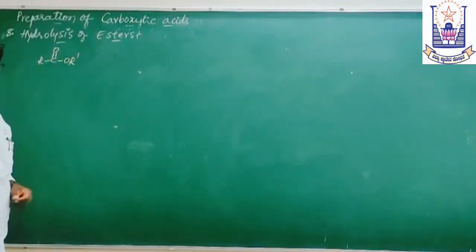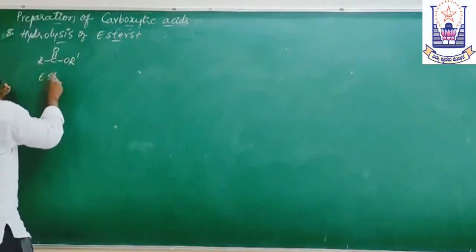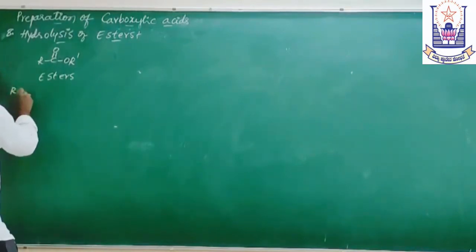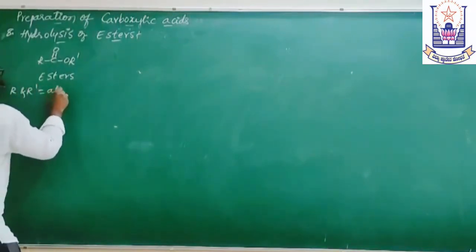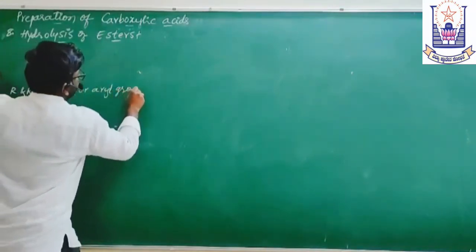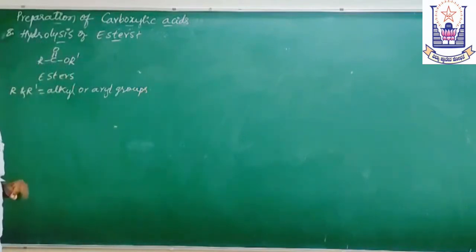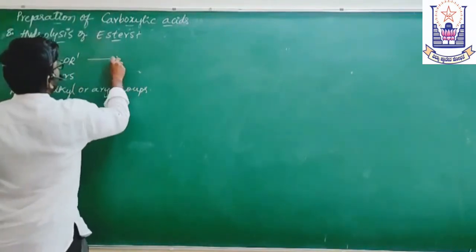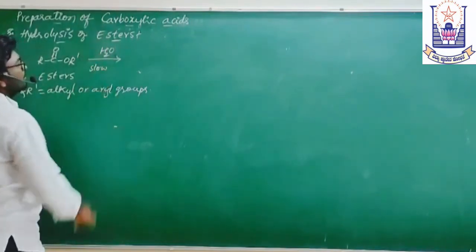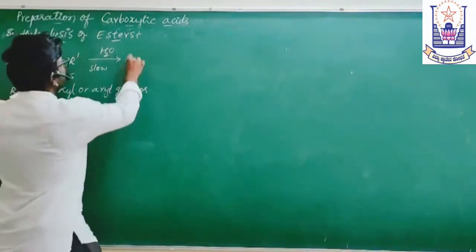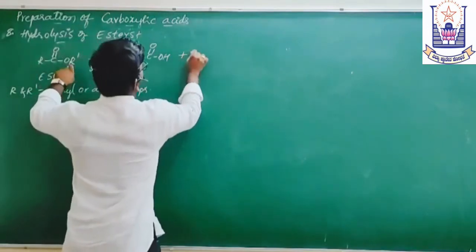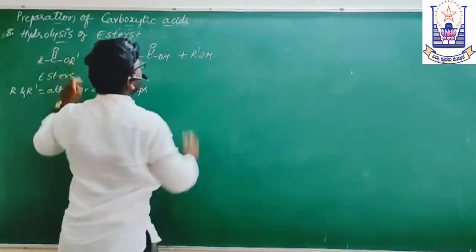This is the general representation of the ester, where R and R dash may be alkyl or aryl groups. When we do simple hydrolysis, this will be a slow reaction. It will give you RCOOH plus R dash OH. You are going to get two compounds.